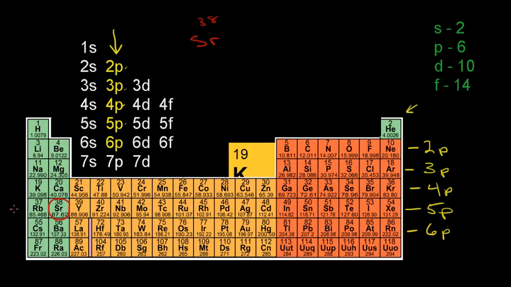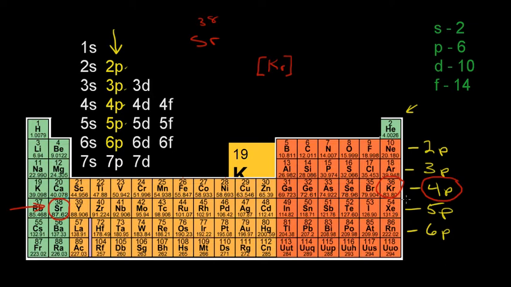And so again, we find the noble gas that is closest and with fewer electrons. So that is going to be krypton, with 36. So we're going to put krypton here in the brackets to represent the krypton electron configuration.